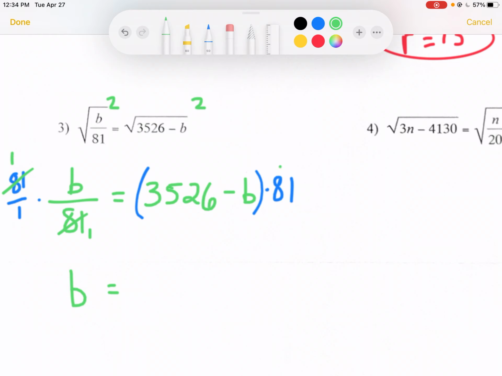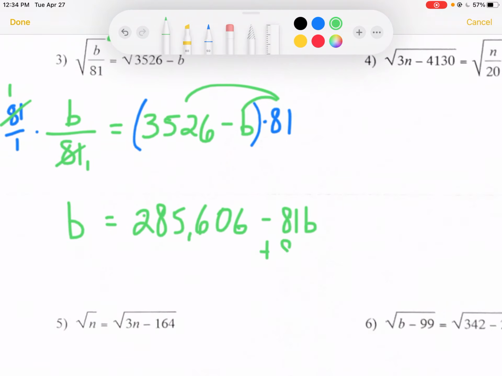On the right side, I take 81 times 3,526, and I get 285,606. And then 81 times negative b is minus 81b.